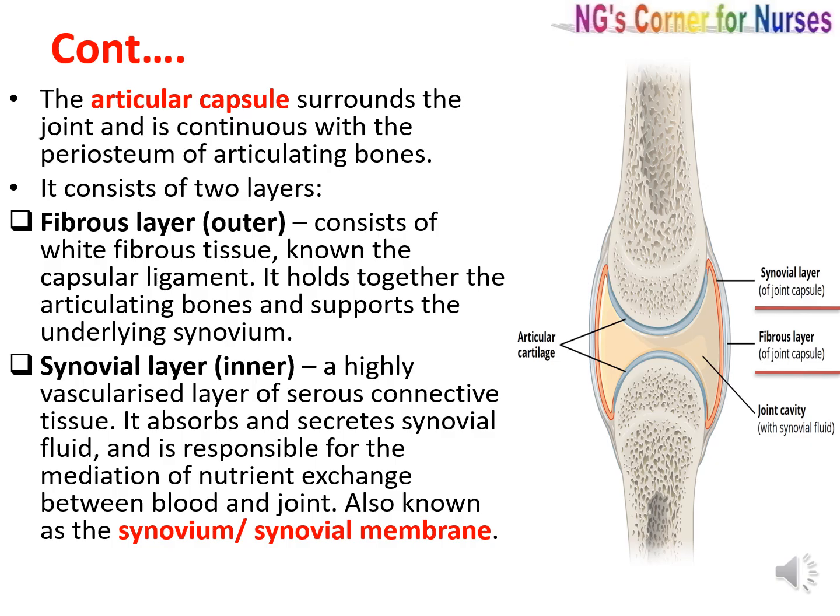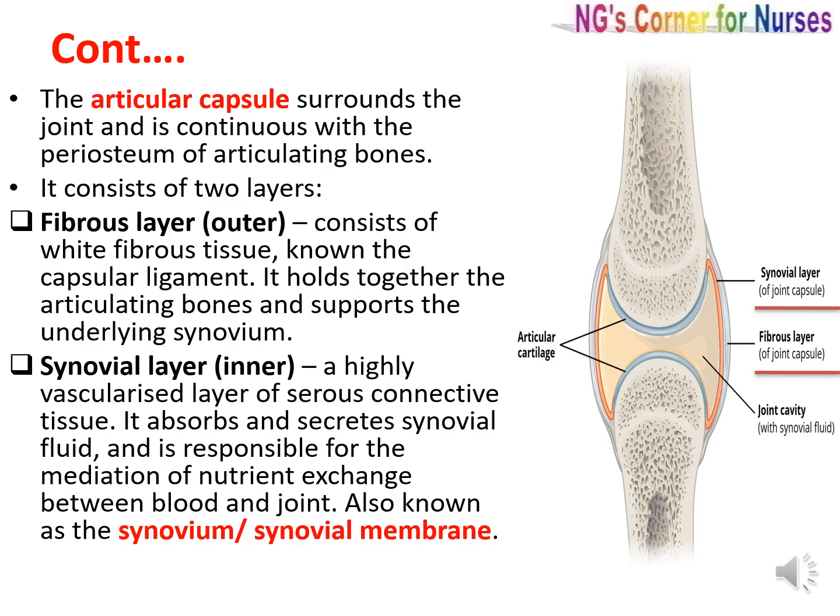And the inner layer is a highly vascularized layer of serous connective tissue. It absorbs and secretes synovial fluid and is responsible for the mediation of nutrient exchange between blood and joint. And this inner layer or the synovial layer is also known as the synovium or synovial membrane.